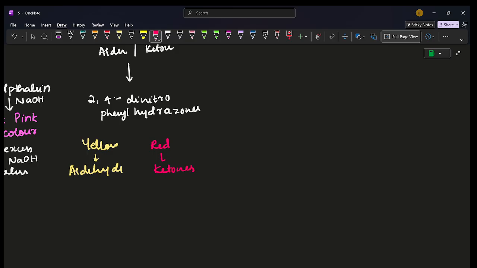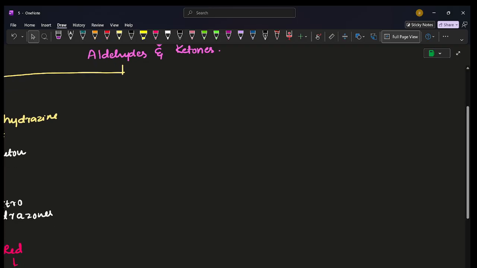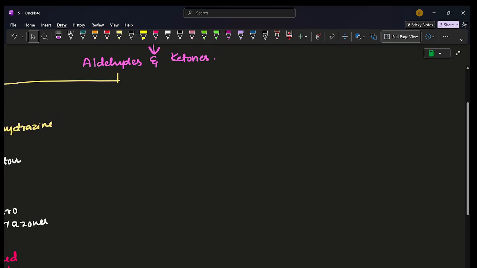Okay, let's move on to the next reaction, where you're going to distinguish aldehydes as well as ketones. The three tests you have are Fehling's test, Schiff's test and Tollens test. So let's start with Fehling's test.